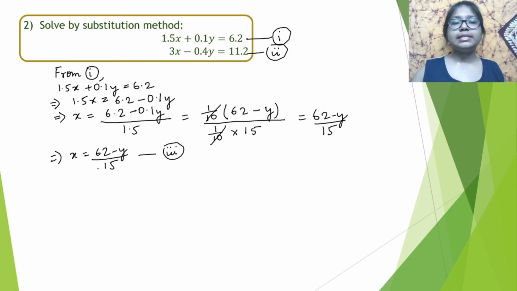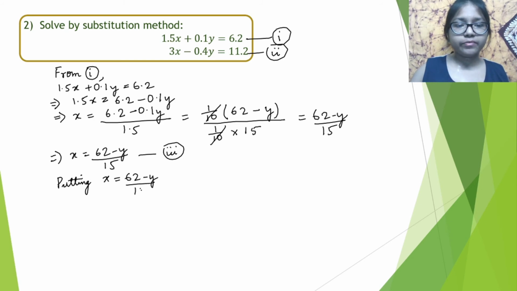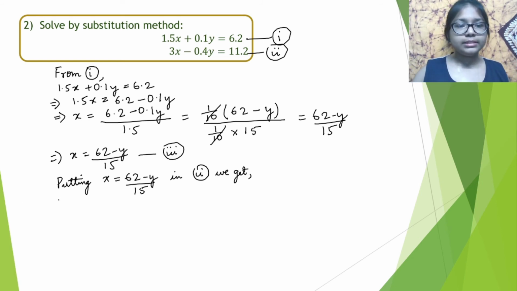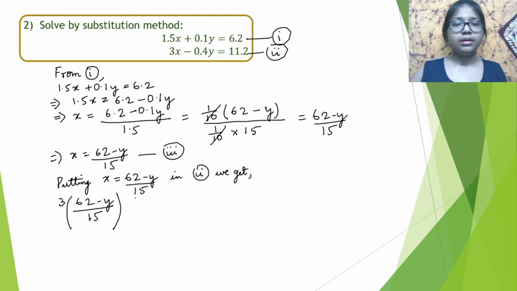Now I will put this value of x in the second equation. So putting x equals 62 minus y by 15 in 2, we get 3 times 62 minus y by 15 minus 0.4y equals 11.2.